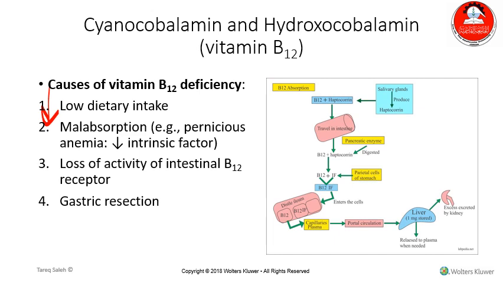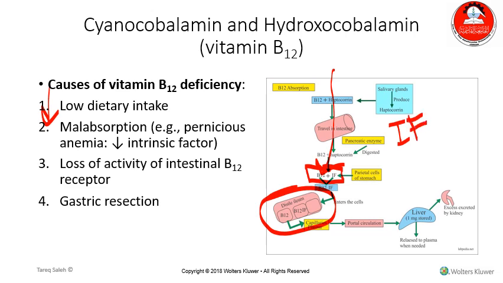Remember now that the absorption of vitamin B12 from the gut undergoes a special process. First of all, vitamin B12, as it's traveling through the intestine, is absorbed. Its main site of absorption is the terminal ileum, the last section of the small intestine. But for it to be ready for absorption, it has to bind to a factor called the intrinsic factor.